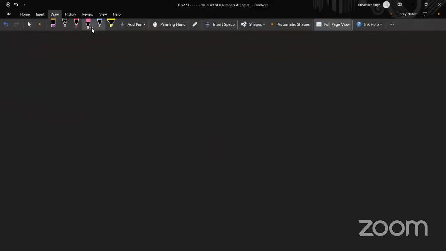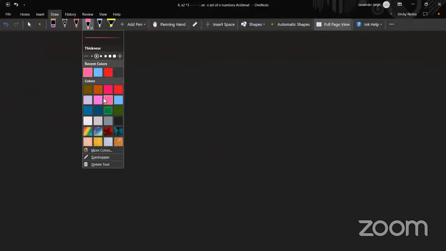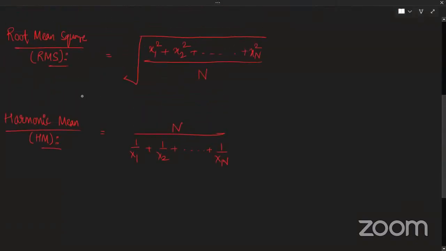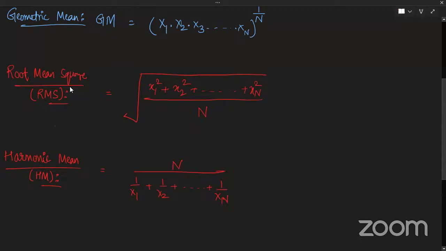Root mean square is basically the square root of the arithmetic mean of squares of observations. Nothing else. It is nothing new.